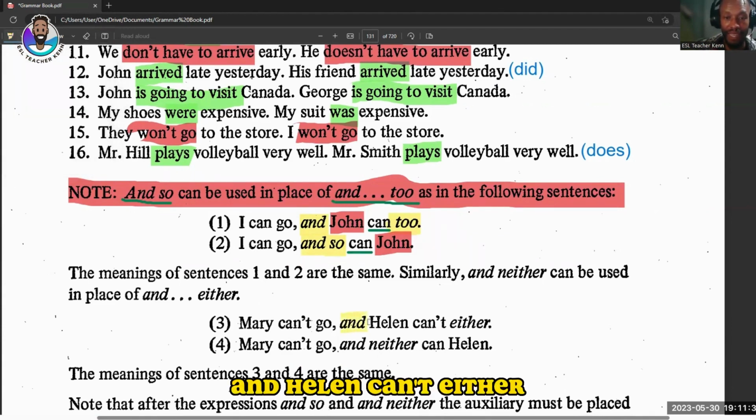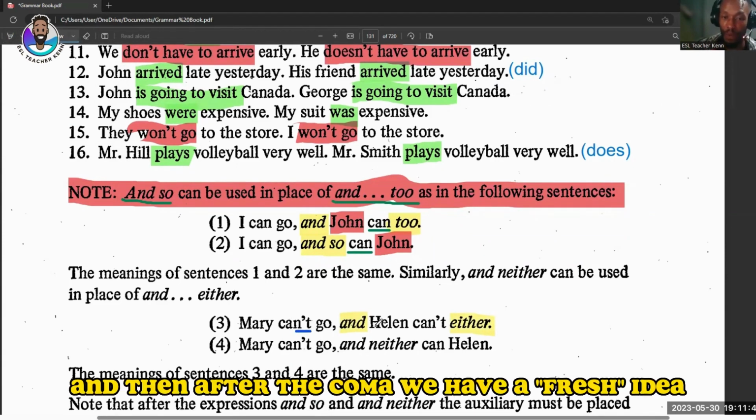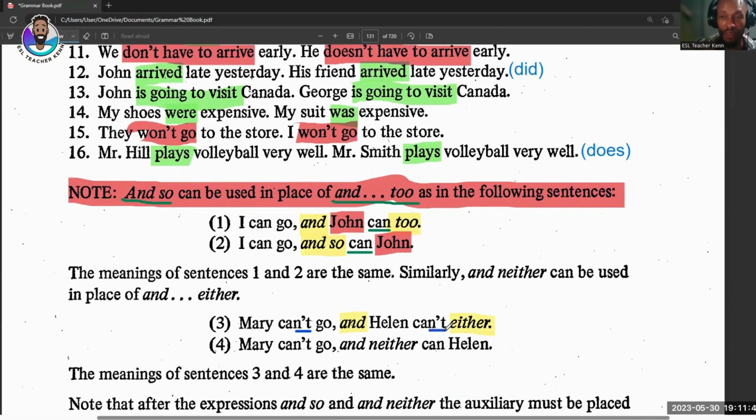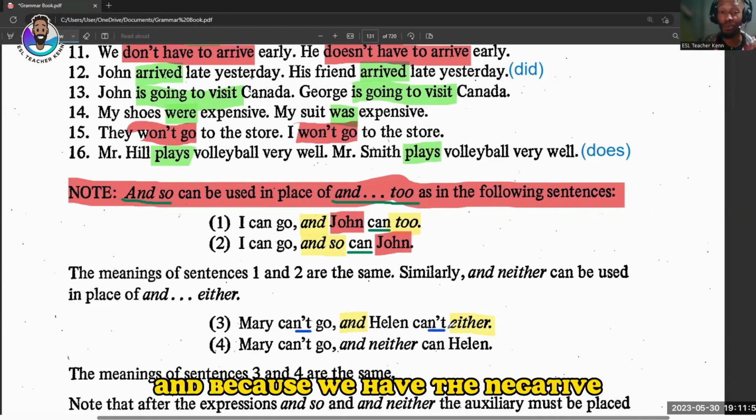and Helen can't either. We have one negative here, and then after the comma we have a fresh idea. We have another negative here. We have the negative, and because we have the negative, we use either.